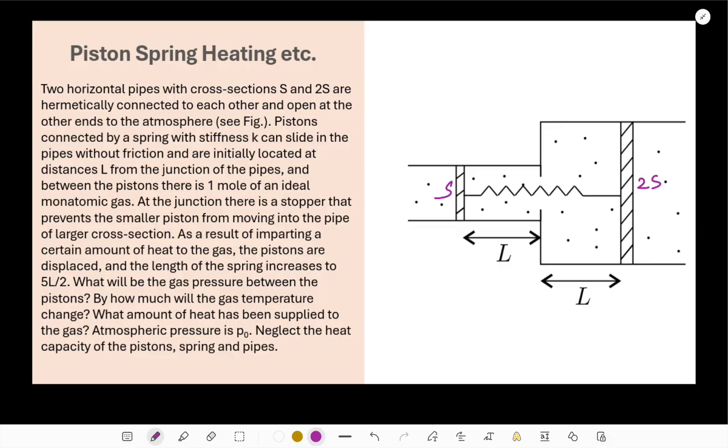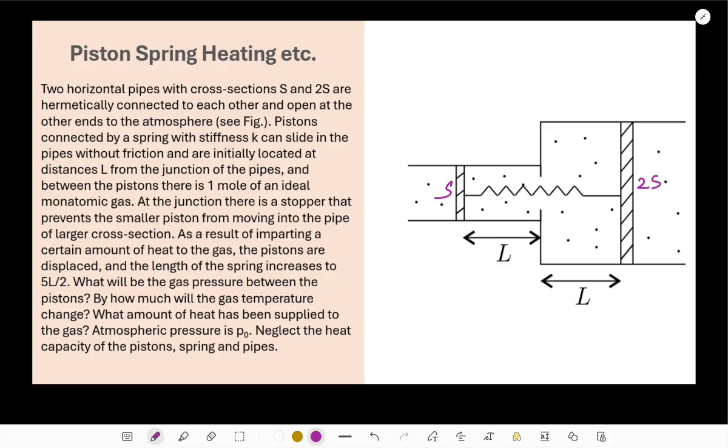Okay, delta T we need to find. By what amount of heat has been supplied to the gas? Atmospheric pressure is P naught. Neglect the heat capacities of piston, springs and pipes. Thank you very much for giving, because we already assumed such things. So we are going to solve it.